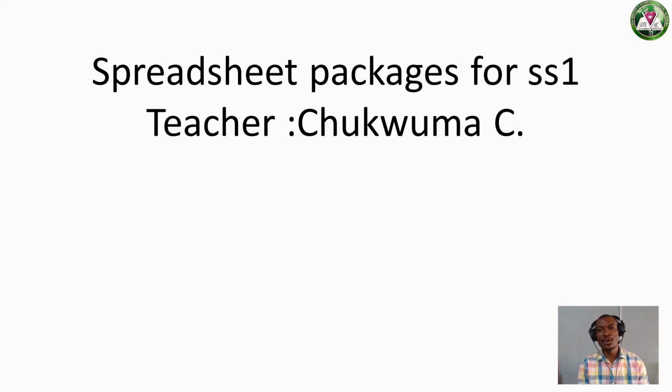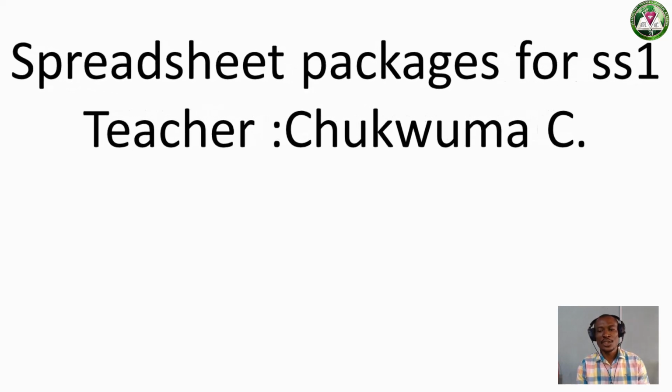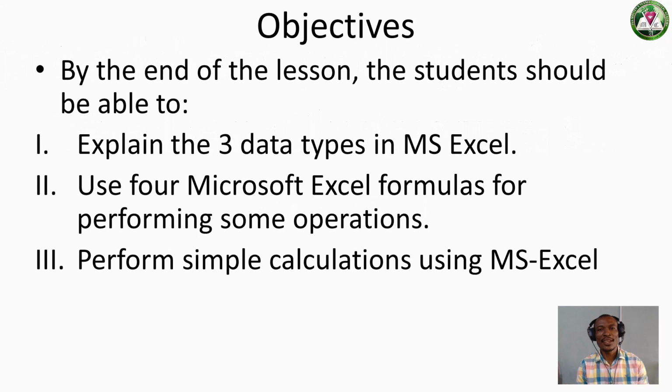But today we are going further to discuss some of the formulas that you can work with, some of the data types that you can work with in Microsoft Excel.